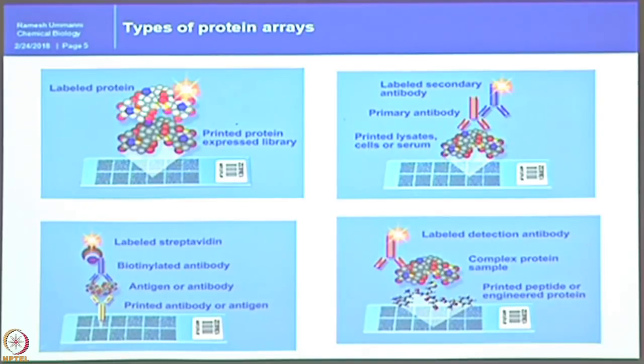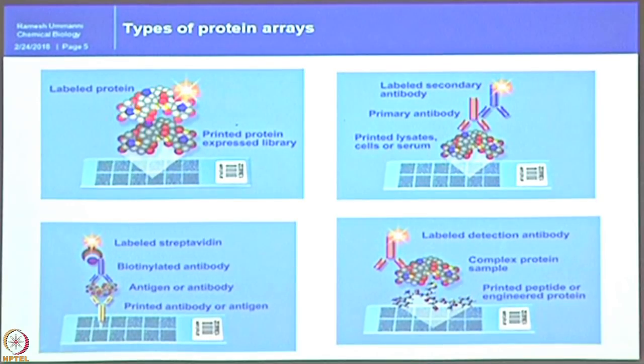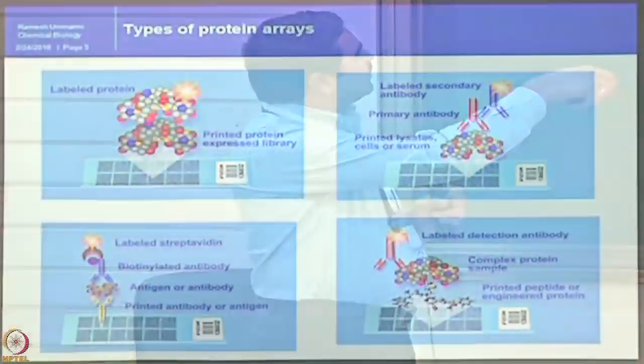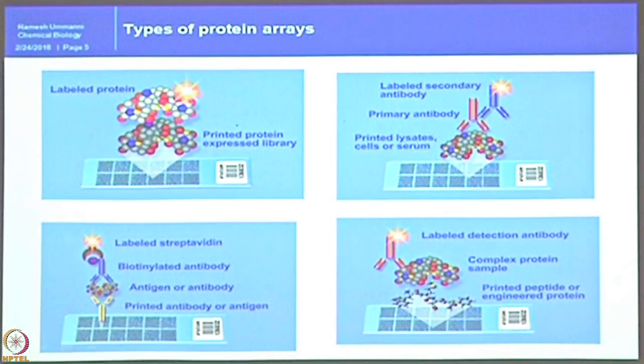The second approach is again the glass slide. We all talk about glass slides today. Here the glass slide is printed with an antibody, or of course an antigen, but in this case an antibody. Then you add the lysate, which is a pool of all the proteins expressed by the proteome. The antigens specific to the antibody are captured by the capture antibody.